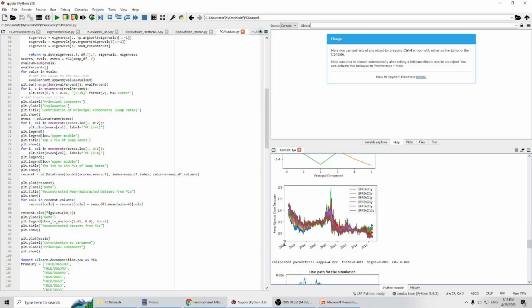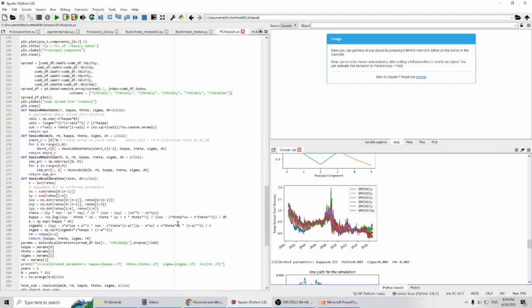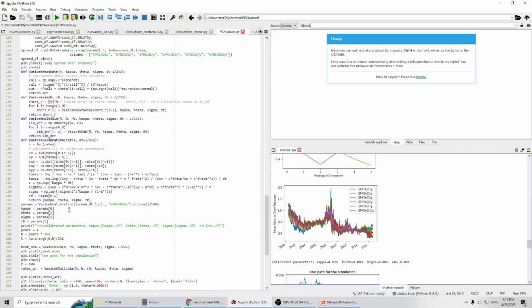And you can check the spread between swap and Treasury, and it shows the spread looks like this. And then I used the 10-year spread to calibrate the Vasicek model. You can see for the Vasicek calibration, I use the 10-year spread rate.